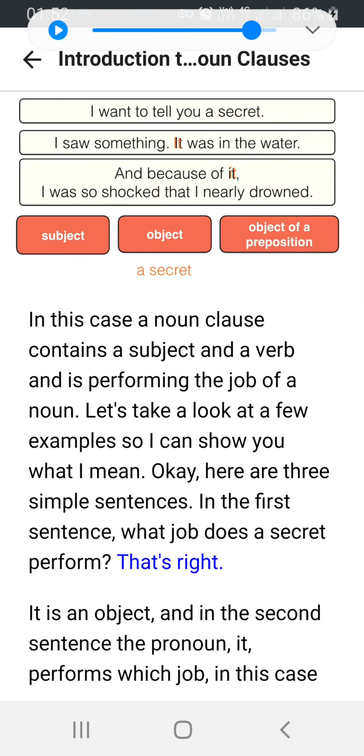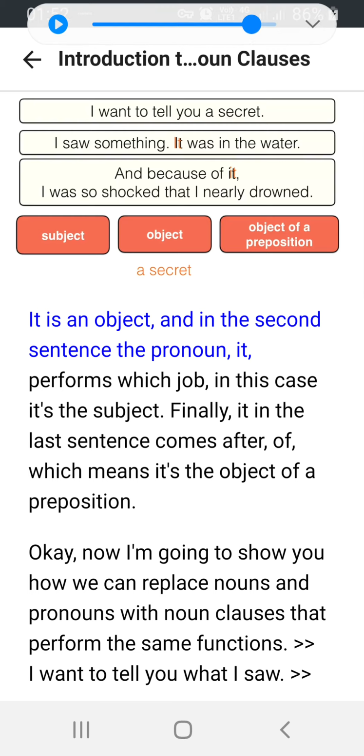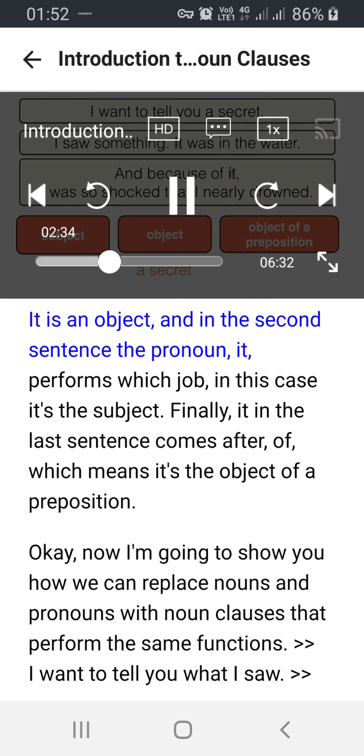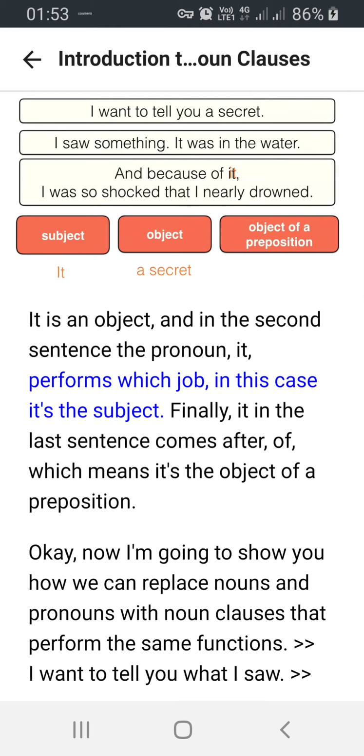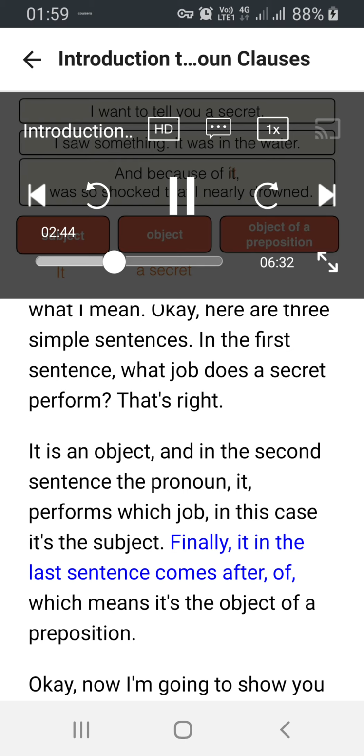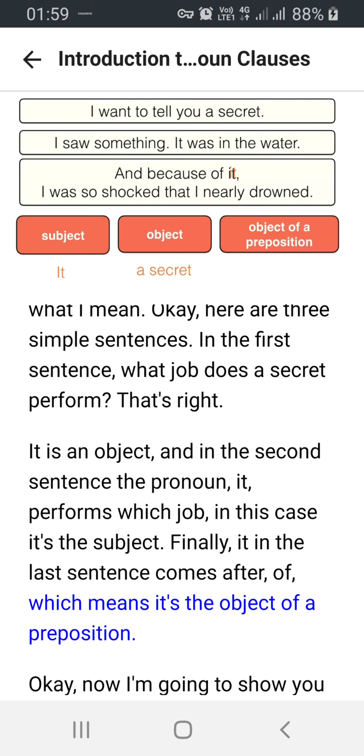That's right. It is an object. And in the second sentence, the pronoun it performs which job? In this case, it's the subject. Finally, it in the last sentence comes after of, which means it's the object of a preposition.